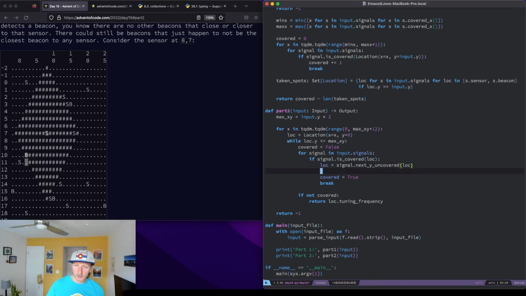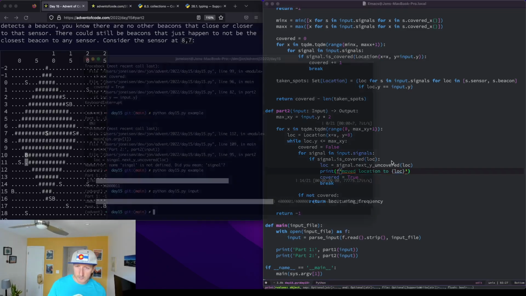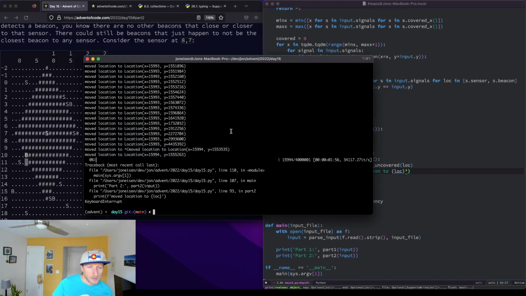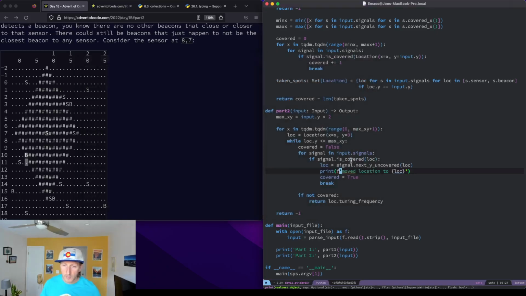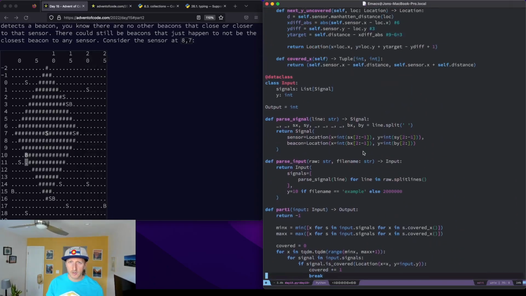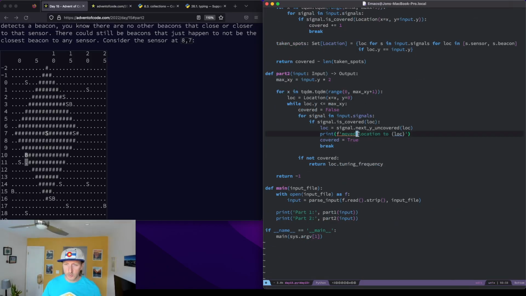So let's just print moved y to, and let's have a signal. Let's do sensor.